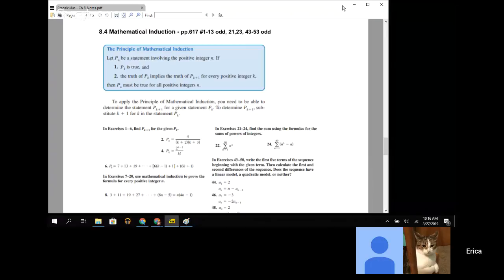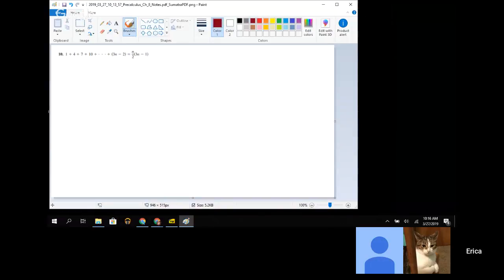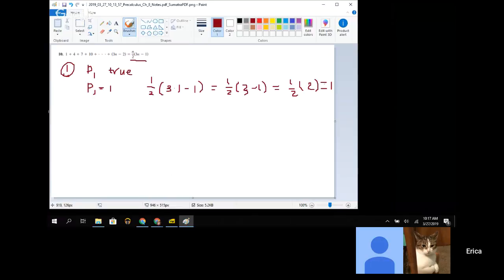The first number is 1, so I plug that in. 1 divided by 2 times 3 times 1 minus 1. Sorry, it's 3 minus 1, that should be 2, so that equals 1. The first term works, so that's good.